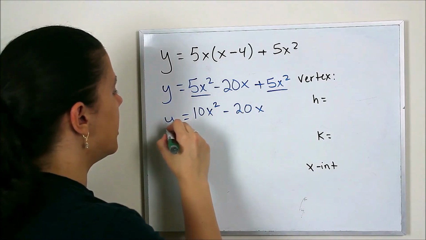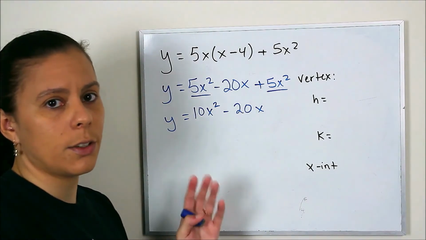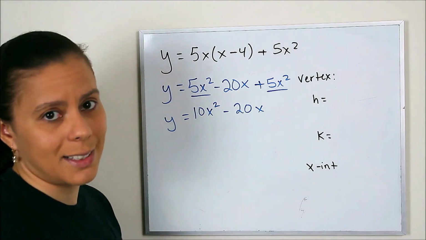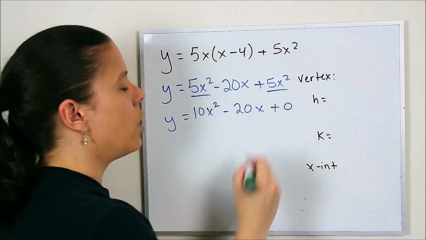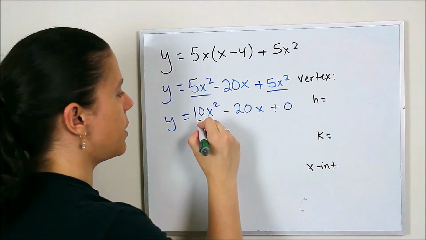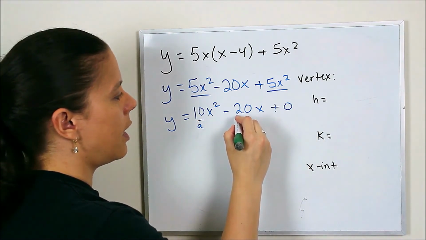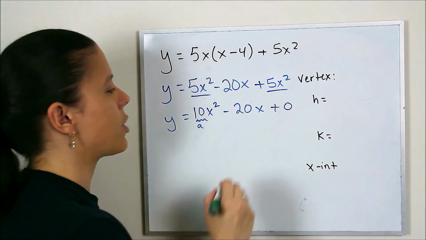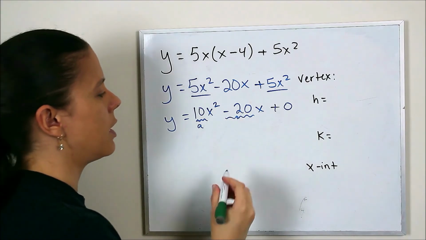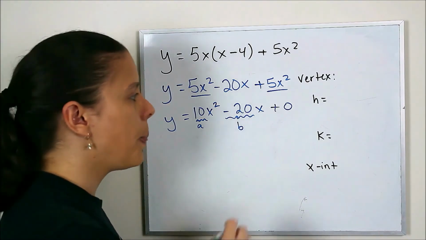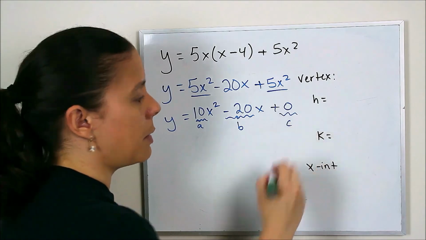Now notice that this is the closest that we're going to get to the standard form, because we don't have a c. Technically, what we really have is plus 0, right? So my a is going to be 10. My negative 20, and that negative has to be included, is going to be my b, and 0 is going to be my c.